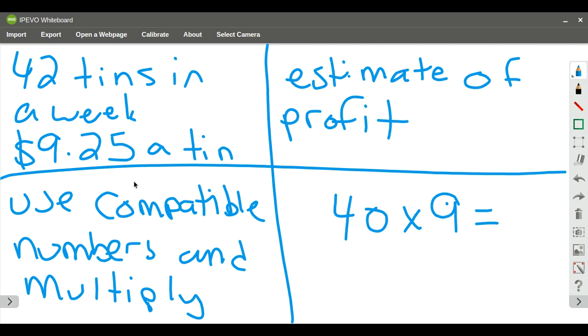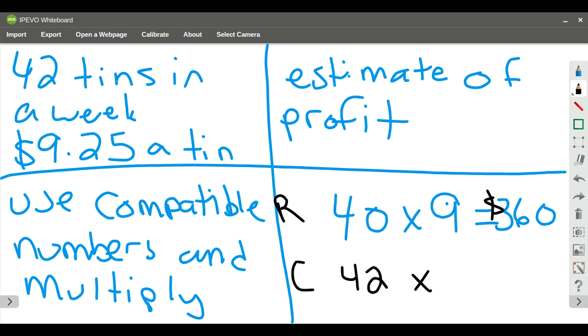Again, if I use that multiple of 10 rule, 4 times 9 is going to be 36. I put on a 0. So this one right here, my answer there would be rounding. They raised about $360. If I did compatible numbers, I may say I'm going to keep 42 by itself and take $9.25 and change it to 10, because anything multiplied by a power of 10 is going to be easy.